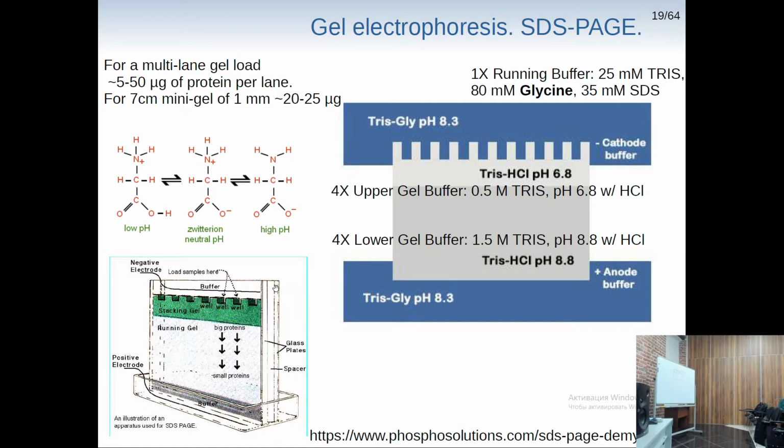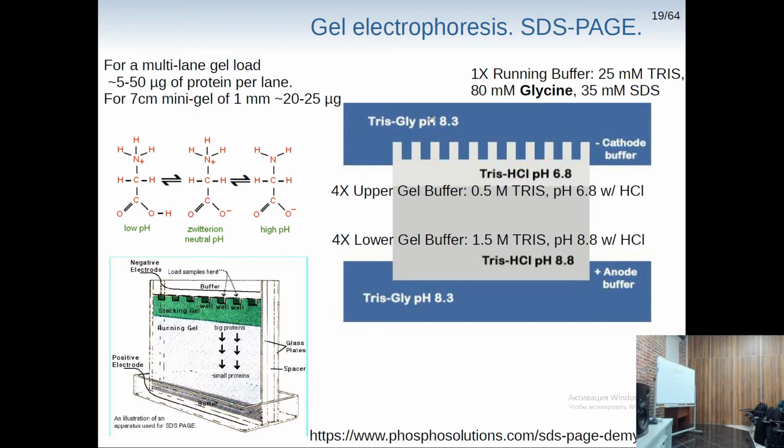Alright, let's continue. The problem with electrophoresis was that we had to somehow focus proteins into a small thin line before we start our separation. And here comes the main idea of SDS-PAGE: to use different buffers.